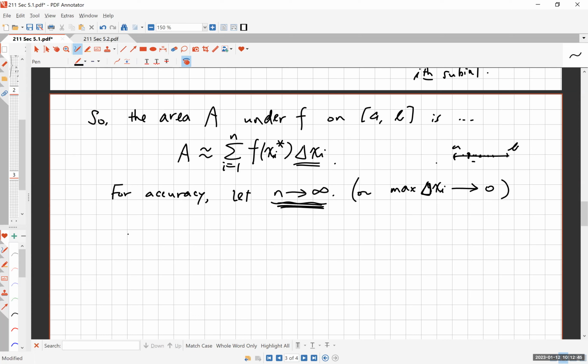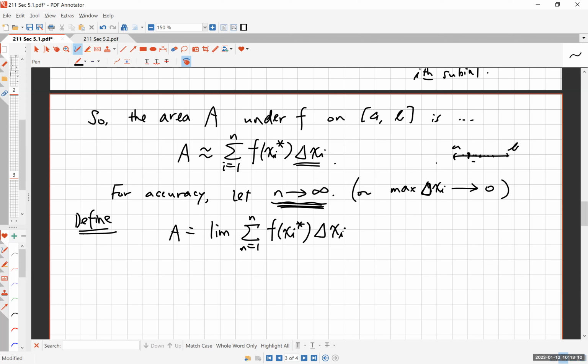So we define the area, I'm almost getting into the second idea here, the area, the second section. The area is going to be the limit of this Riemann sum.